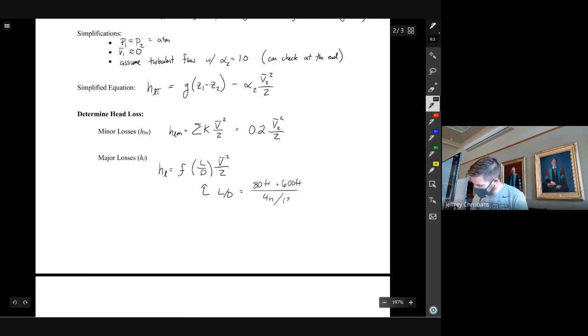But I'm going to divide that by 12 inches per foot to get the units to work out. So the length over the diameter is, I believe, 2040.